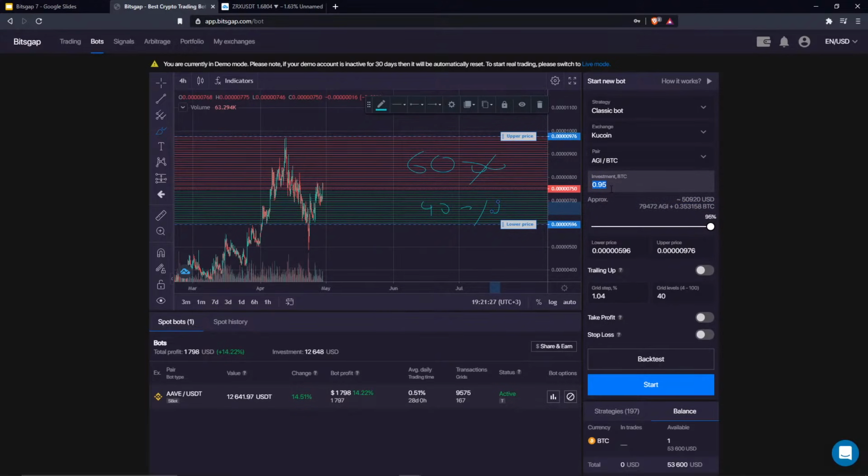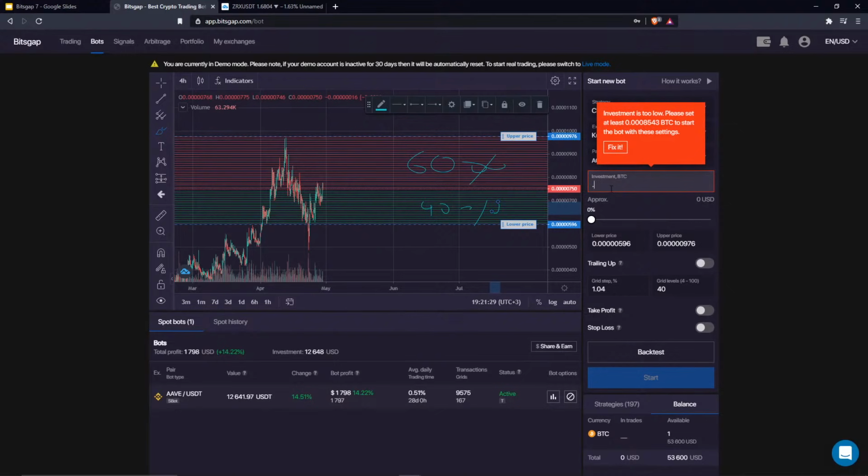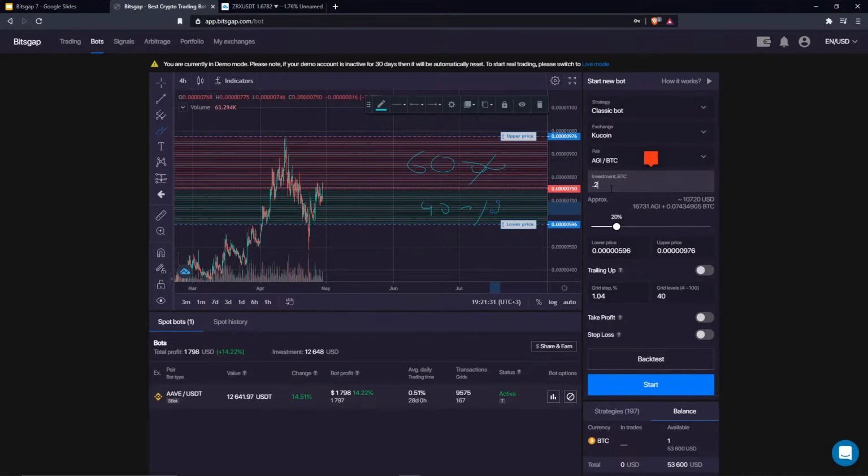So let's assume that I want to spend 0.2 bitcoins. Yeah, so that's exactly $10,000, and the exact investment allocation is the following. In order to start this bot so that it places all of these sell limit orders, we need to possess the base currency, right?